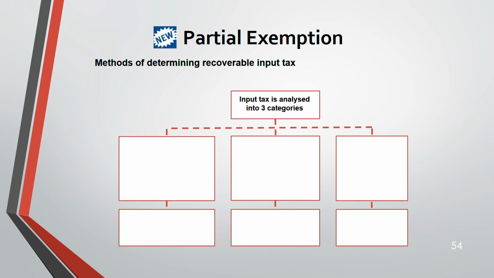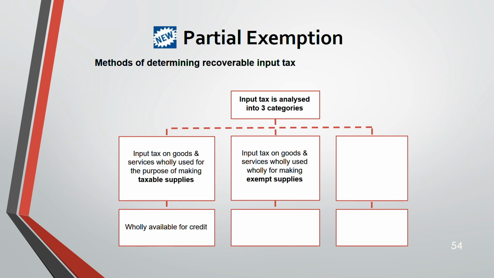Now, how do you recover the input tax? Input tax is analyzed into three categories. Please understand. First, when you are making wholly taxable supply, you will get the whole credit for whatever input tax you have incurred. If it's 100% taxable supply, you will get the whole input tax back. Next, totally exempt supply. Wholly disallowed.